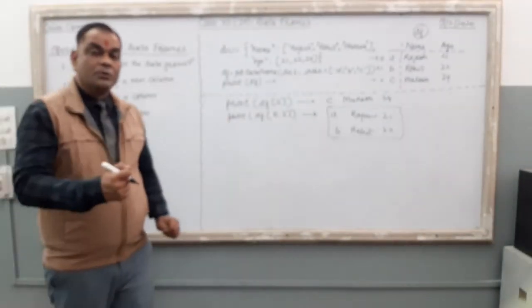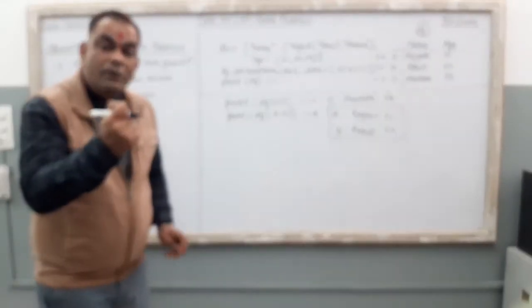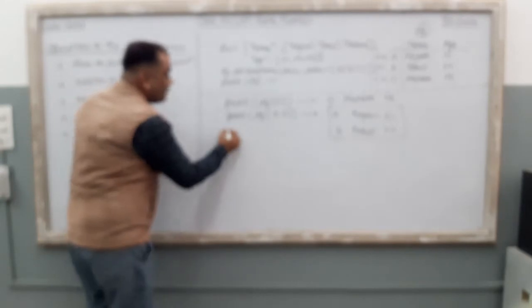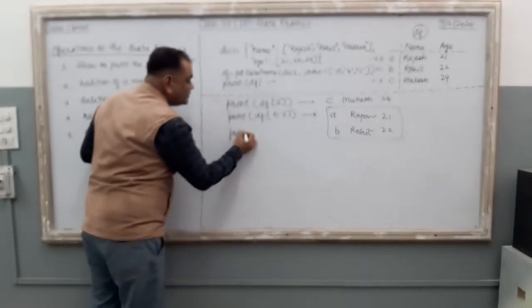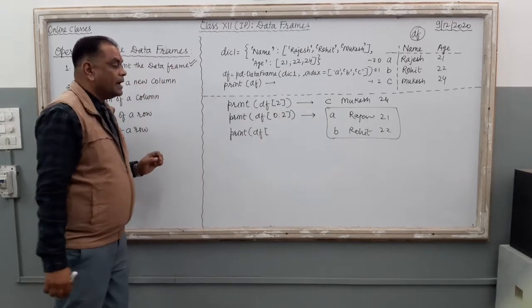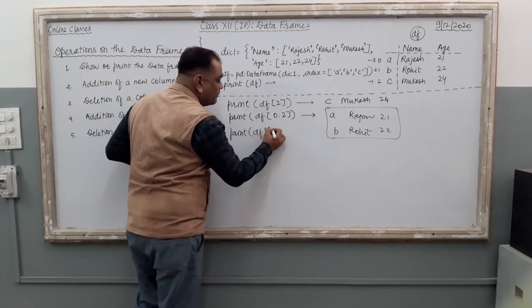Now if you want to show a particular column of the data frame, then what will be the command? Just say, if I supply this command print(df) and with this square bracket I just give name.